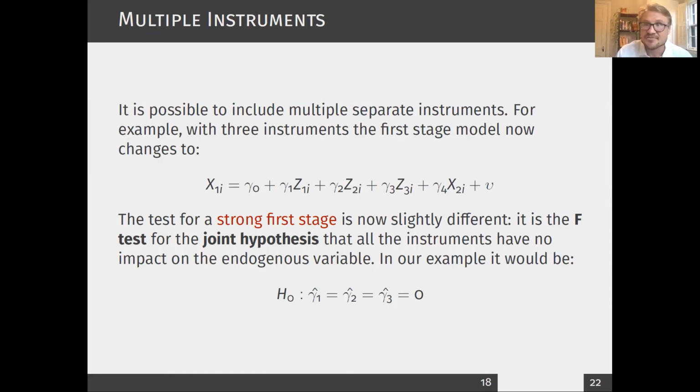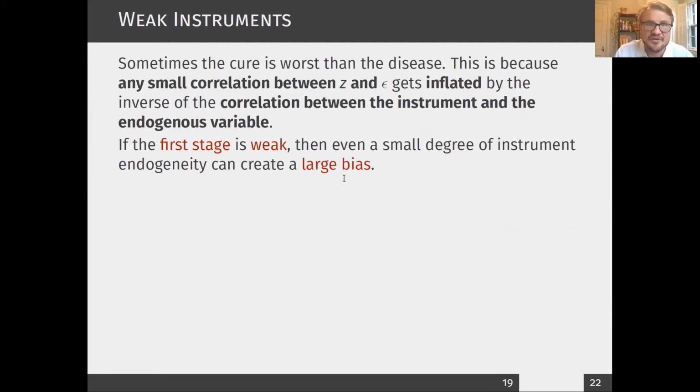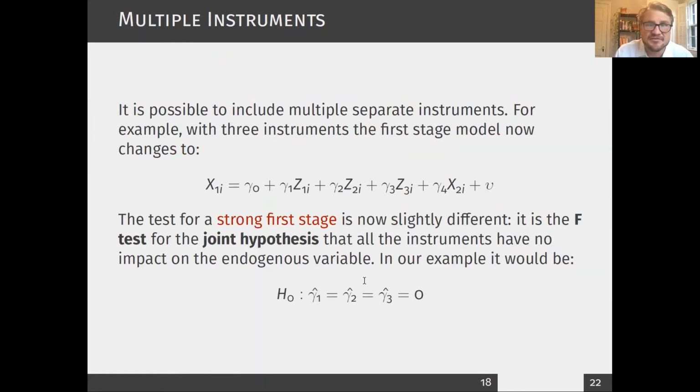So that's an F-test because it's actually a combination of variables you look at. And historically, people have said you need an F-test value of at least 10. With one variable, an F-test of 10 would be a t-statistic of the square root of 10, which is 3. But now people are saying that is actually way too small because of all the other challenges that I get to in a moment. You need a much larger F-statistic.